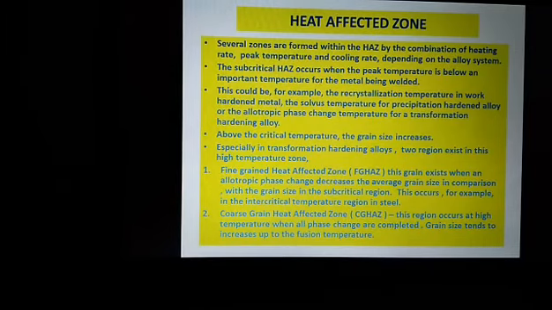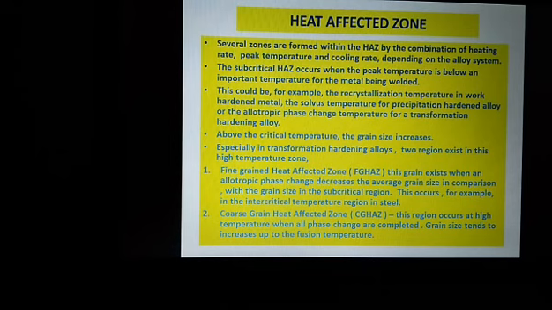Heat affected zone. Several zones are formed within the heat affected zone by the combination of heating rate, peak temperature and cooling rate, depending on the alloy system. The subcritical region occurs when the peak temperature is below an important temperature for the metal being welded.